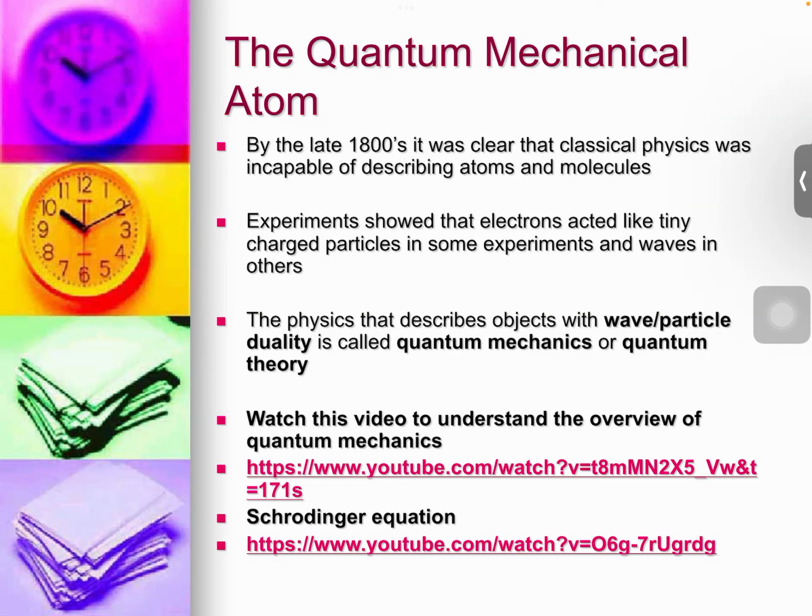One thing, the Schrodinger equation is about a function, right? If you look at the equation, we are talking about the function of the electron. I don't have the Schrodinger equation in my slides, but we will discuss that in class.